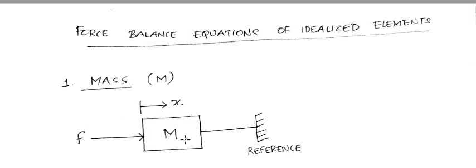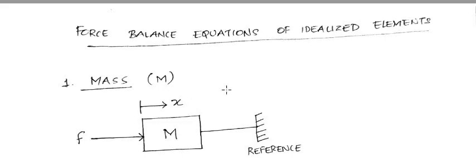We represent the mass with a capital M, but the opposing force due to the mass will be represented as F suffix small letter m, and this opposing force Fm will be directly proportional to acceleration. But in this case, instead of acceleration a, we are representing the acceleration in terms of displacement x. So how are acceleration and displacement related? Acceleration is the second derivative of displacement.